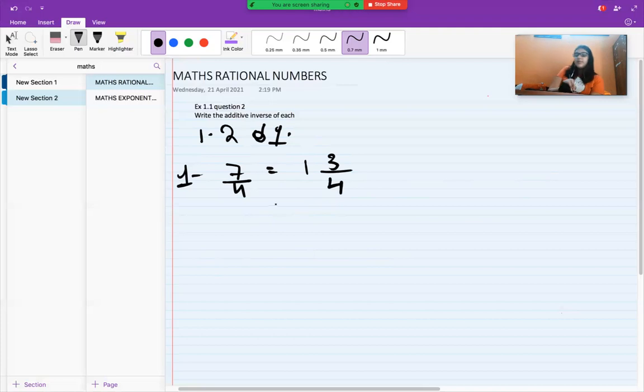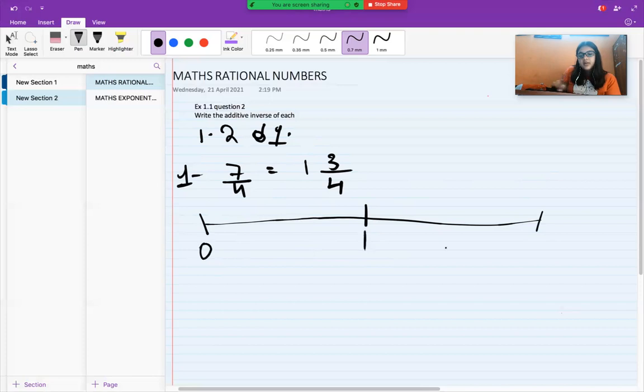So it will be between 0, 1 and 2, as it's between 1 and 2. So this is our number line, and we will go like this.